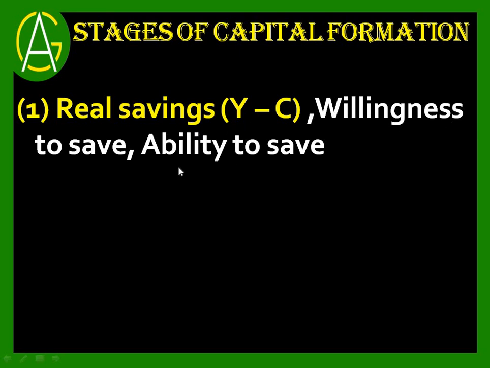One is willingness to save, another is ability to save. Friends, you need to have both the things. If you have willingness but you do not have ability, then savings cannot be possible. On the other hand, if you have ability but you do not have willingness to save, in that case also real savings cannot take place. So both the things must come together, willingness and ability.